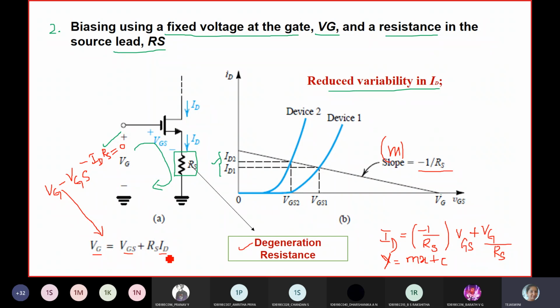So ID will be determined by VG and RS. Resistance also impacts ID. So here you are having less variation in ID1 and ID2. Shall I continue?